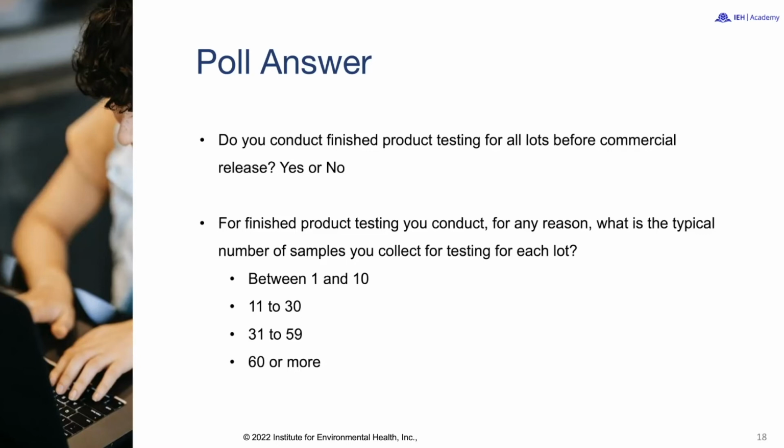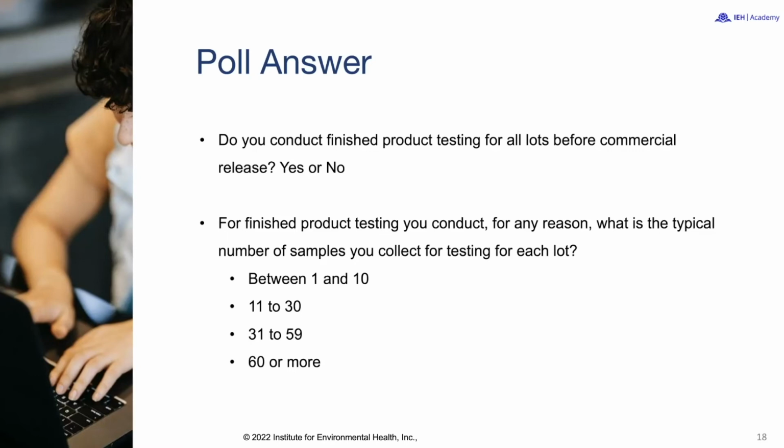So only 20% of you are testing at 60 or more. Quite a few of you are testing at less than or equal to 10. I hope we have convinced you by now that if your sample size is less than or equal to 10, you have a fairly low chance of picking up an actual contaminant in a lot, and therefore you have a high chance of accepting potentially a contaminated lot. So let's close that one.